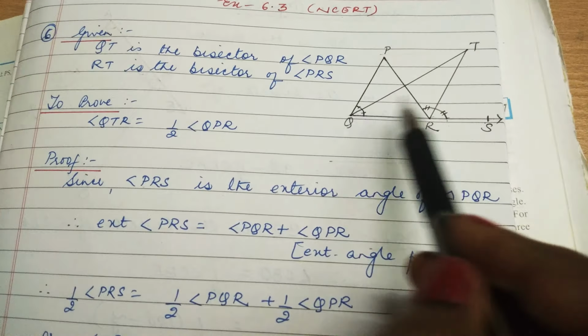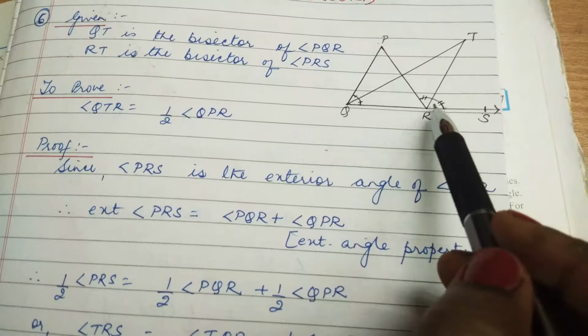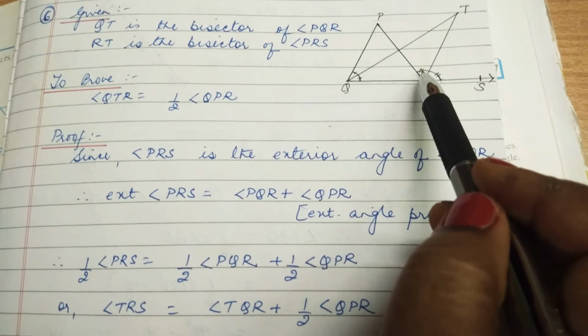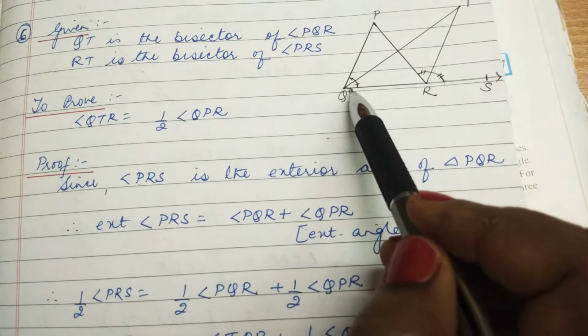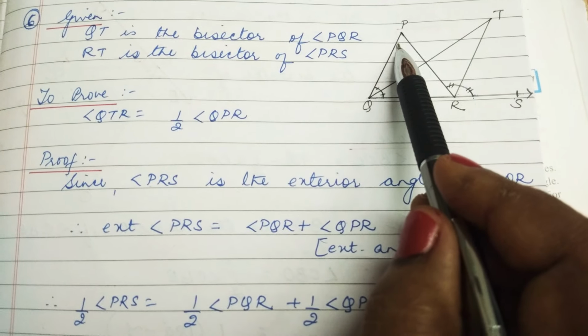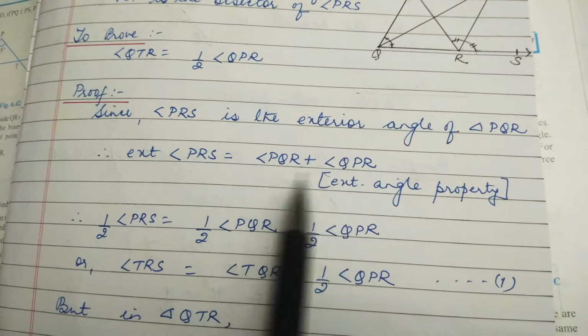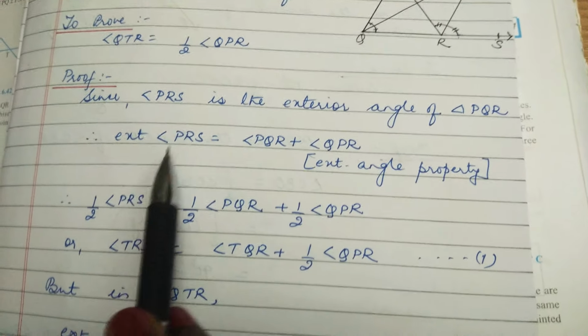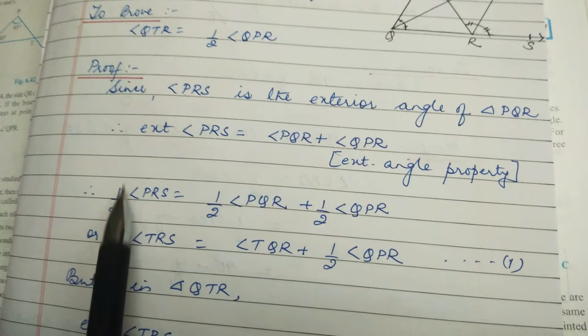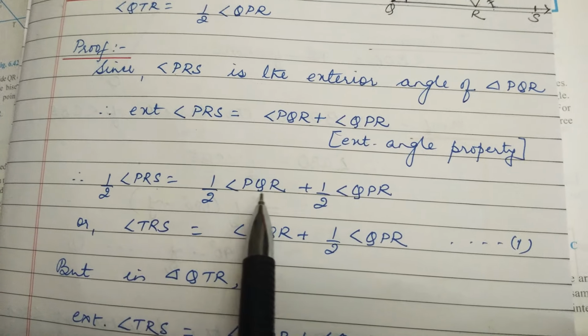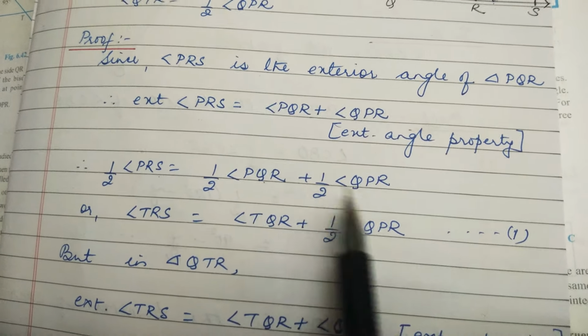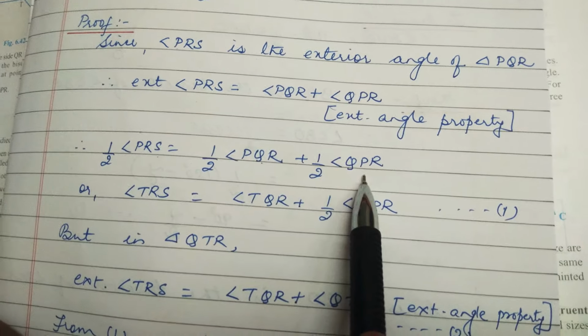Angle PRS equals angle PQR plus angle QPR. Now if we multiply the whole term by 1 by 2, we get half angle PRS equals half angle PQR plus half angle QPR.